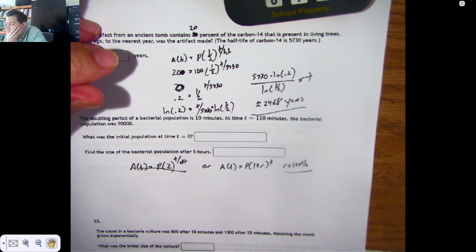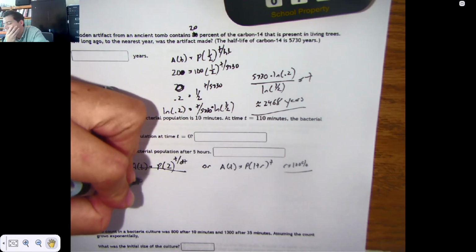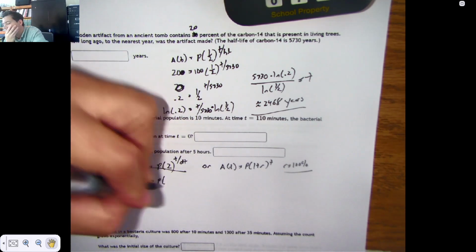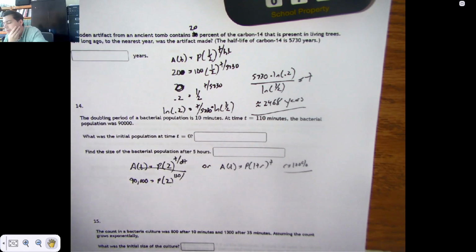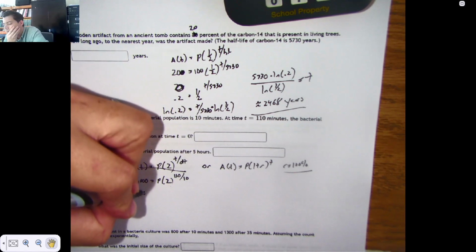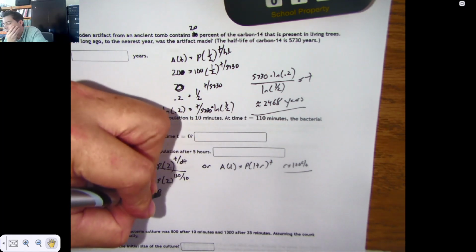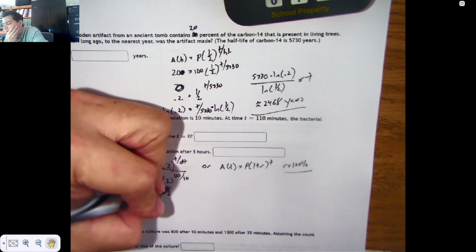What do I know? At 110 minutes, there's 90,000 of these little guys. So 90,000 is my principal times 2 to the 110 over the doubling time 10. So 90,000 is my principal times 2 raised to what, the 11th power?